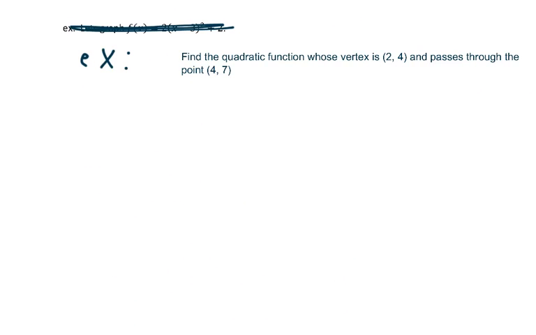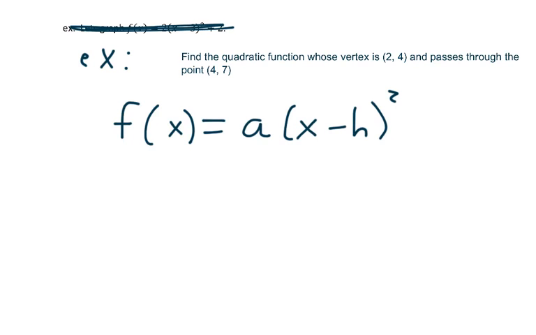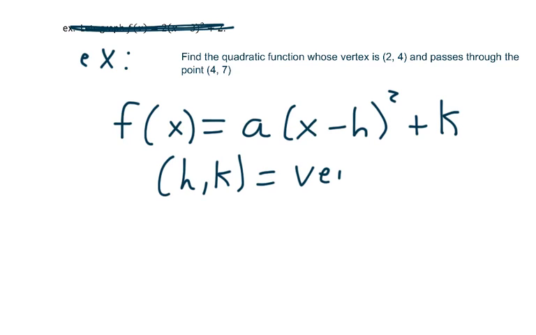Okay, so here's another example I just added. Now we're going to find the quadratic function whose vertex is 2, 4, and passes through this point 4, 7. Well, what we're going to use here is the standard form, which is this here as before. And again, in this form, h, k is the vertex.